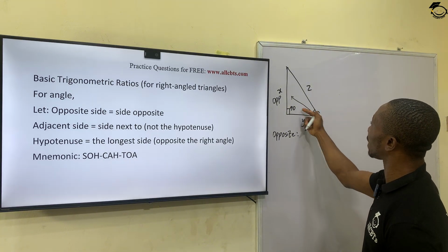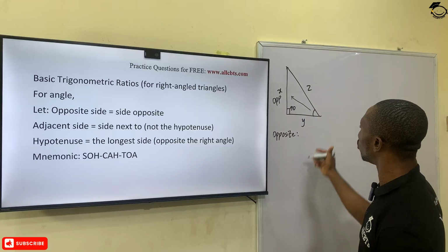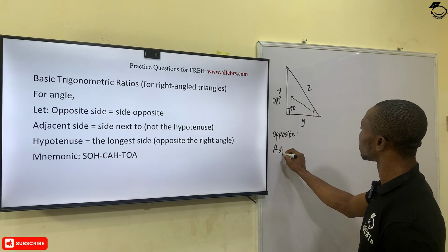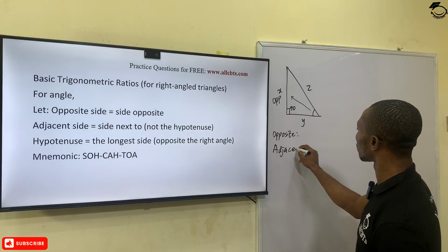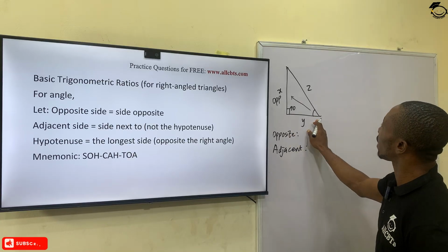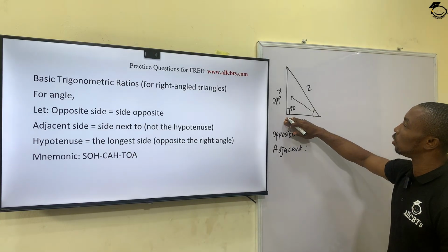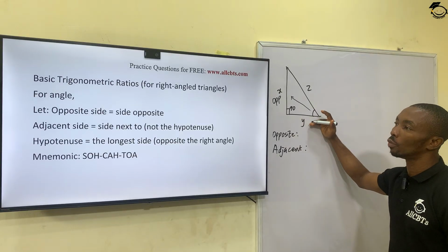Opposite is the side of a right triangle facing your known angle, while your adjacent is the side of the right triangle bearing your 90 degrees and the known angle.